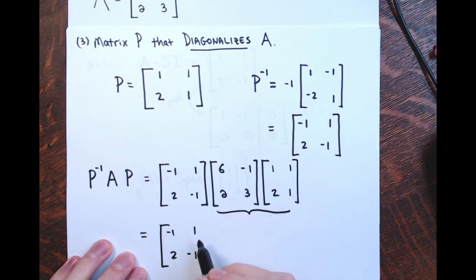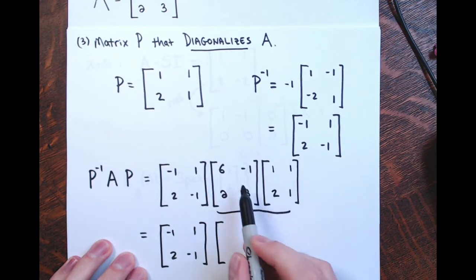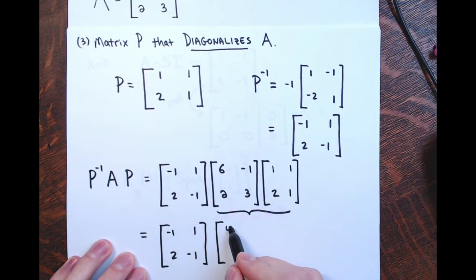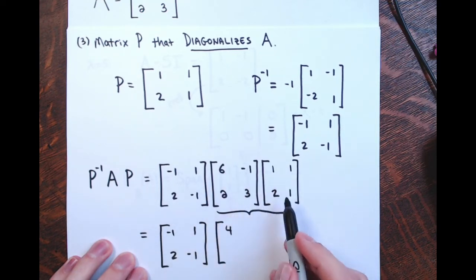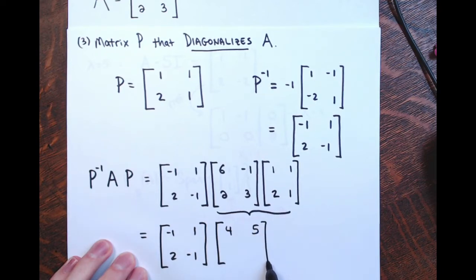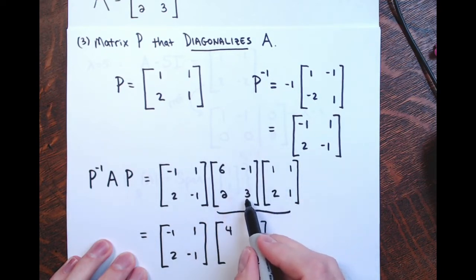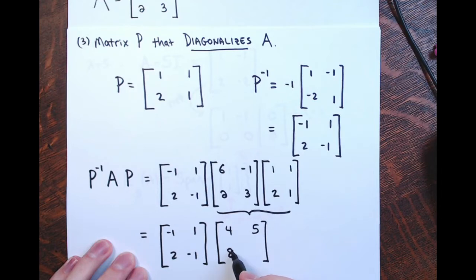P inverse, and then when I take A times P, I'm getting 6 minus 2, 6 minus 1, 2 plus 6, 2 plus 3.